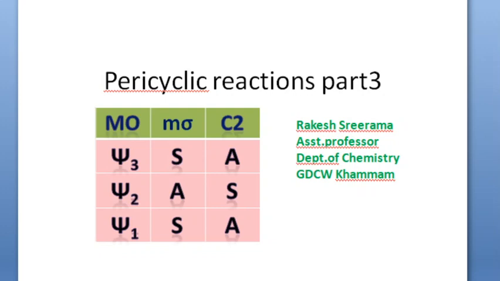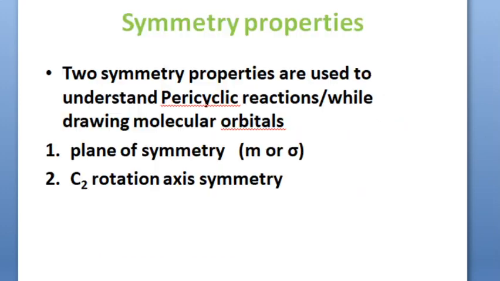So let us start with the molecular orbital. Two types of symmetry properties we use to understand pericyclic reactions, or while drawing molecular orbitals, especially pi molecular orbitals in a conjugated pi system or simple alkene, that is plane of symmetry and C2 rotational axis of symmetry.